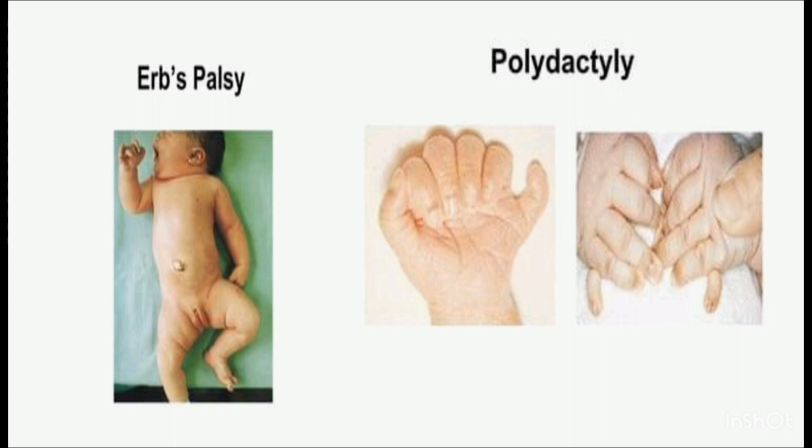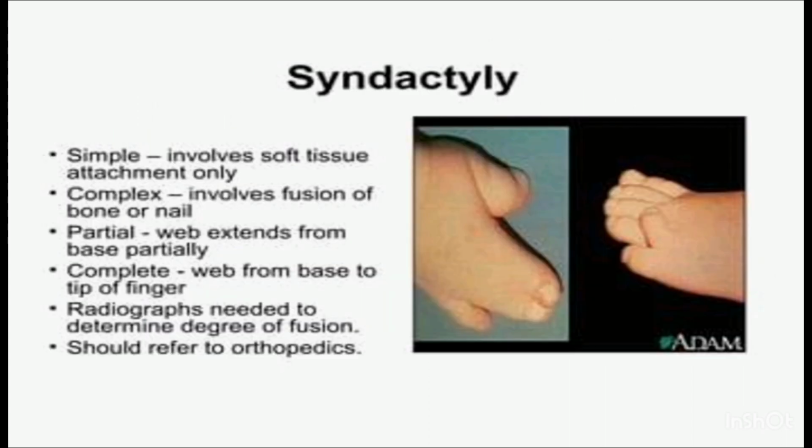Second one is polydactyly. As you can see, there are extra fingers on the extremities. This is the picture of syndactyly. Syndactyly is a condition in which children are born with fused or webbed fingers.